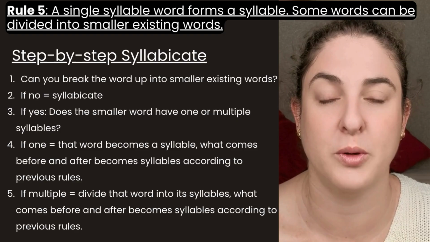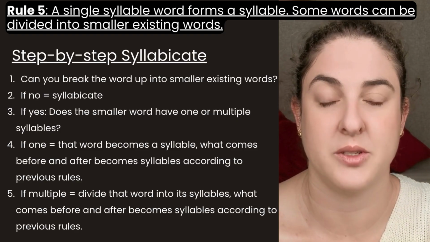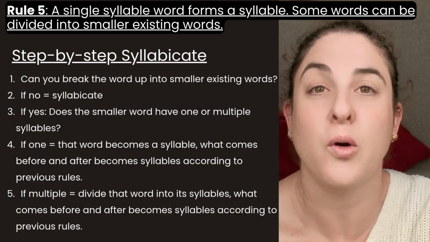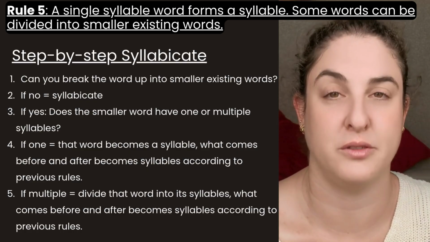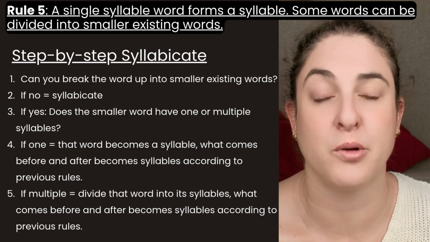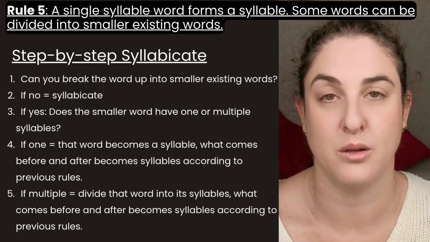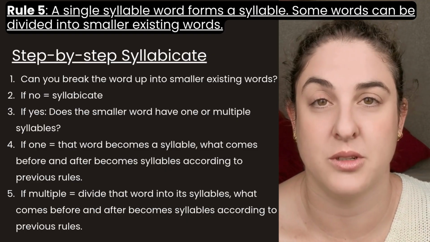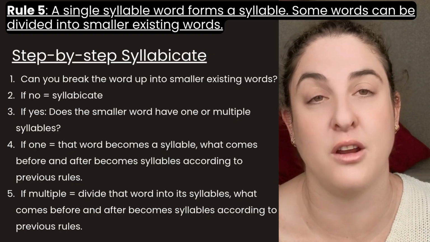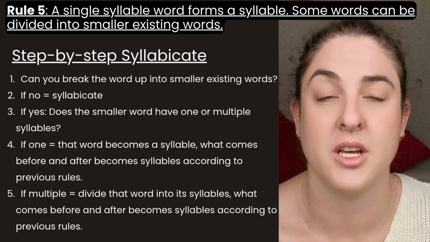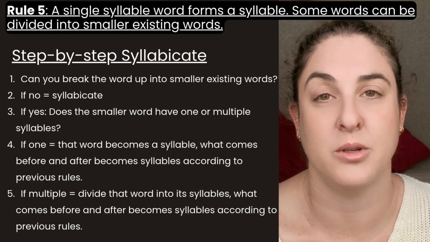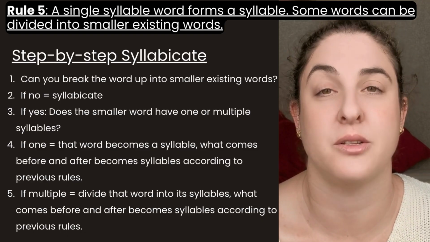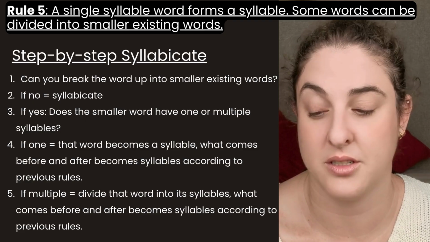And then you will put that one into a syllable, and there will be a syllable before it and after it. And the stuff that comes before and after can even be divided into more syllables, depending on how large the word is. So look for the existing words first.